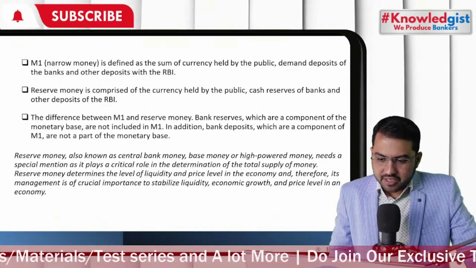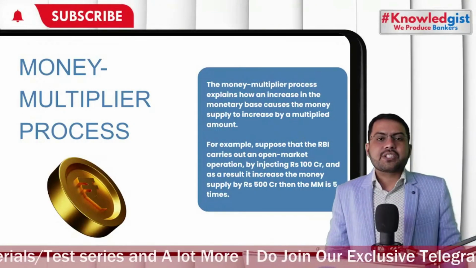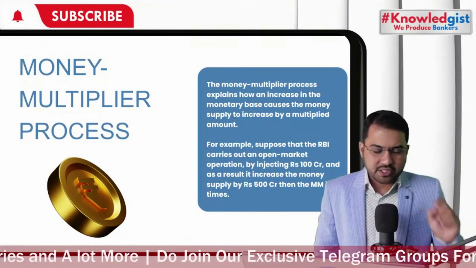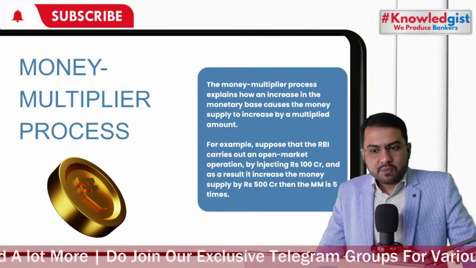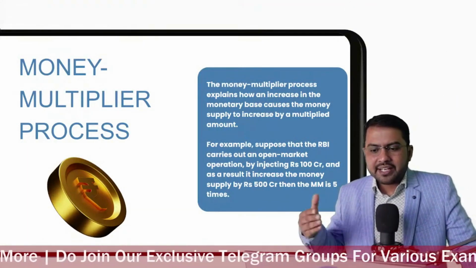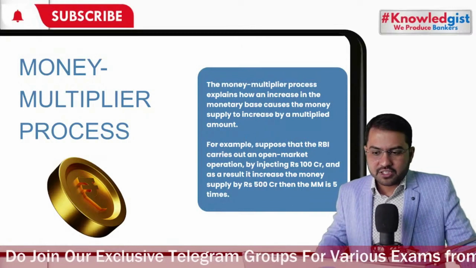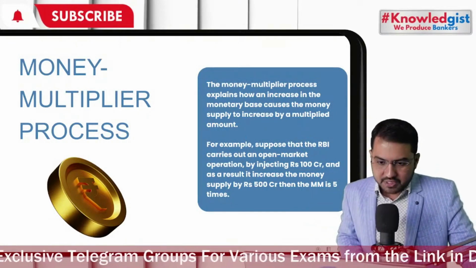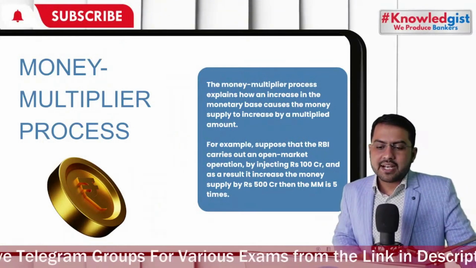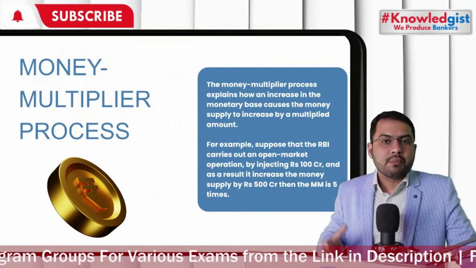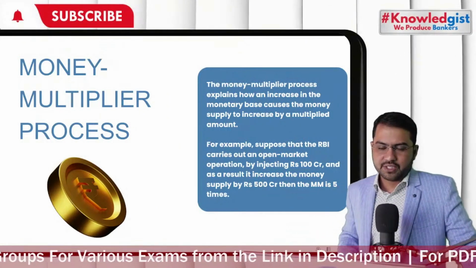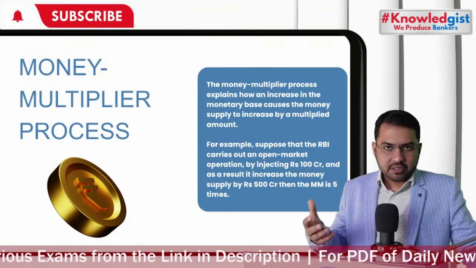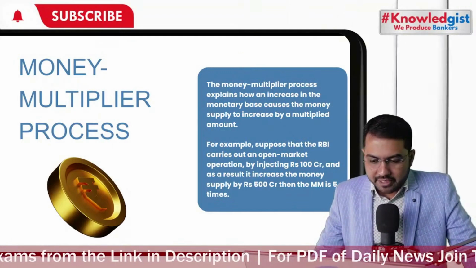Yes. So then we will discuss the money multiplier process. It is important. The money multiplier process explains how an increase in the monetary base causes the money supply to increase by a multiple amount. For example, suppose that the RBI carries out an OMO, open market operation, the buying or selling of securities in the open market.